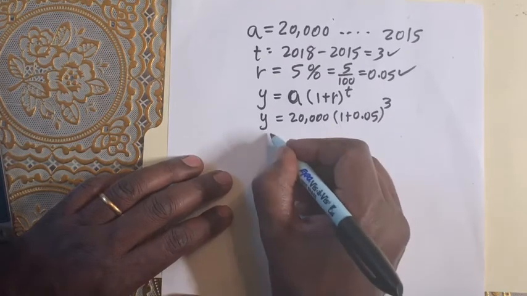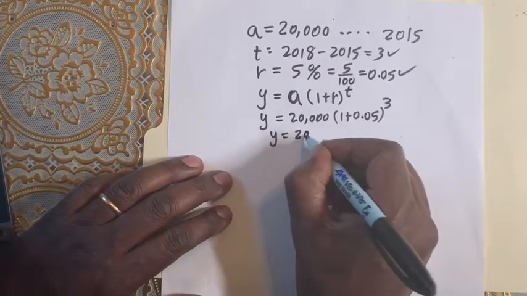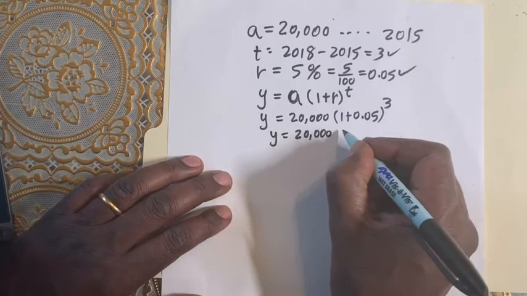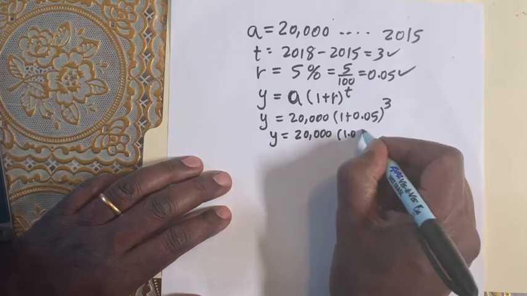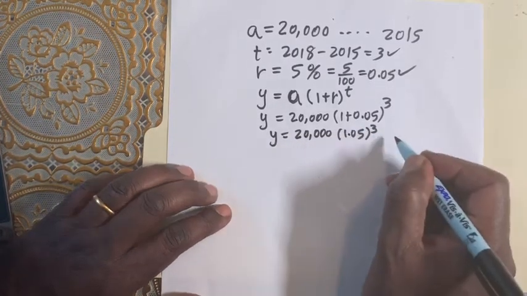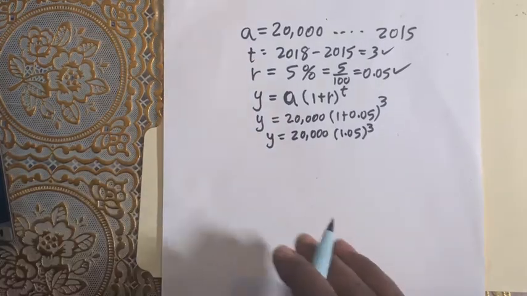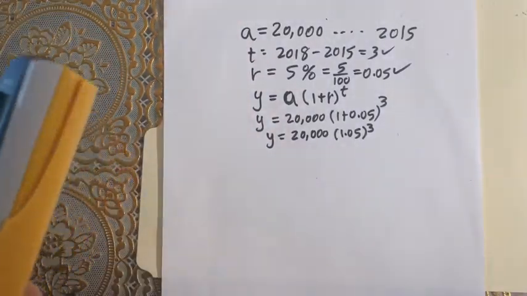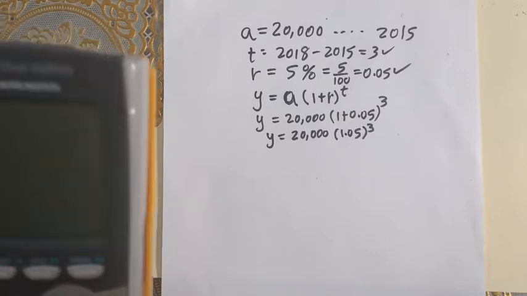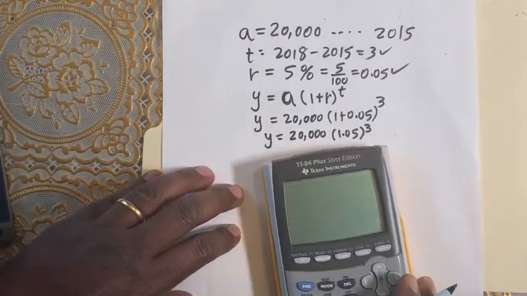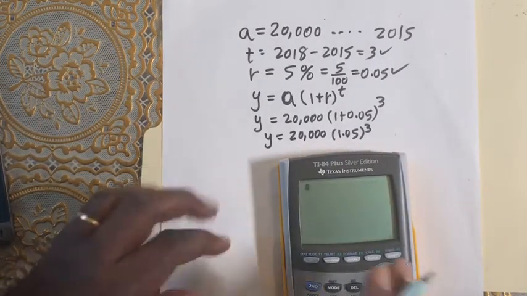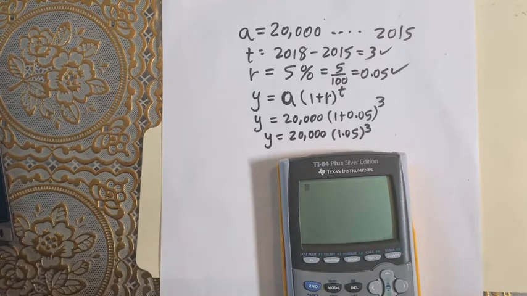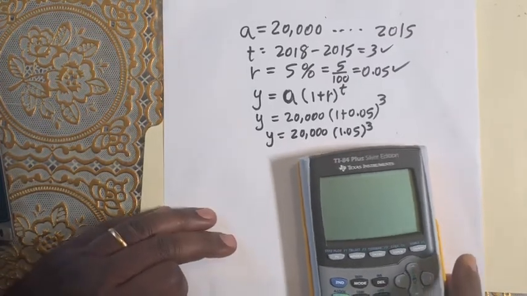Then this would be just 20,000 into 1.05 to the power of 3. For this, we can use any graphing calculator or scientific calculator. Sometimes Desmos, for sure, Desmos has an inbuilt calculator. You can use that too.